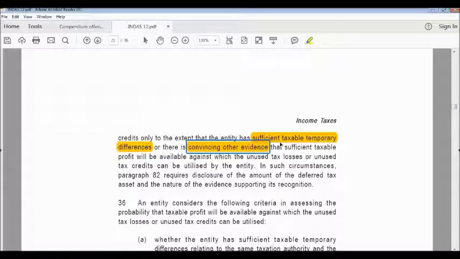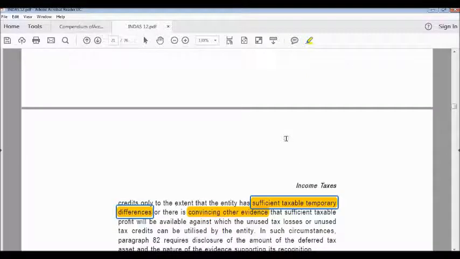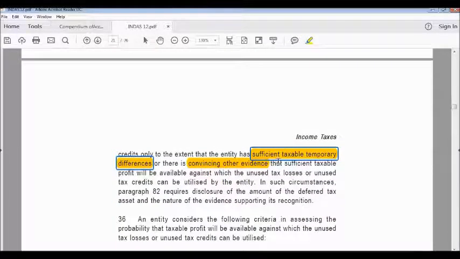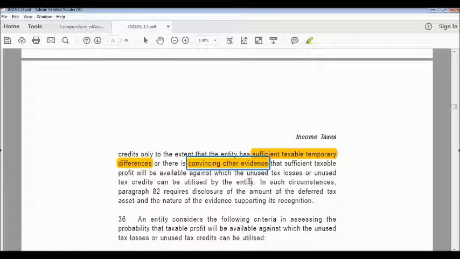So in case of a recent history of losses, you should recognize the deferred tax asset only to that extent.